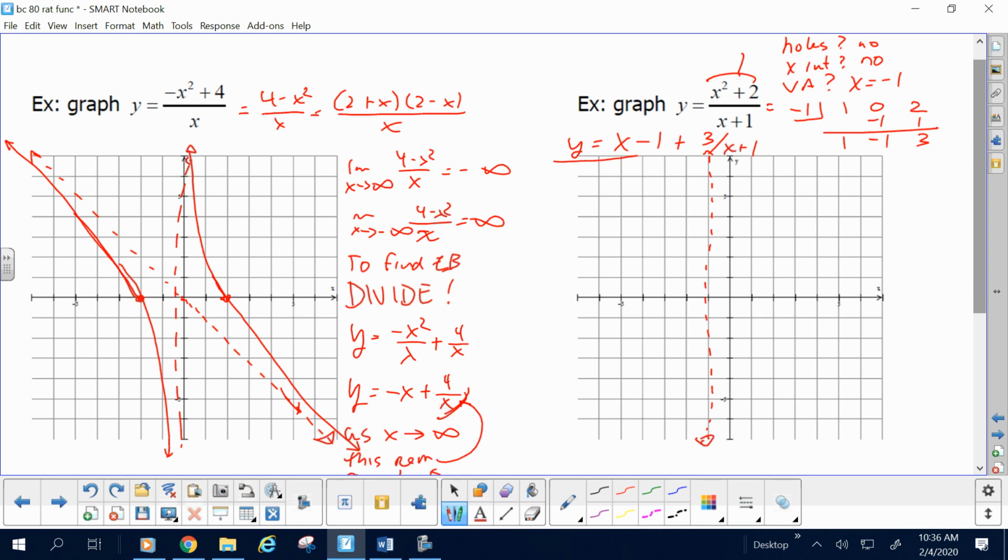This part is the slant. So if you find a y-intercept of negative 1 and then go a slope of up 1 over 1, then we get a graph like this.